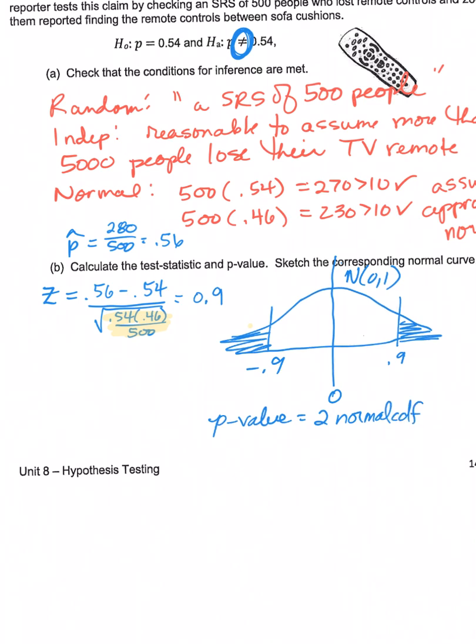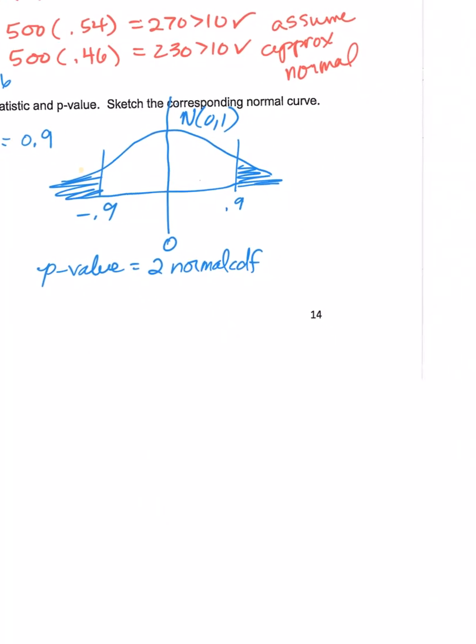Which end do you want to do? Doesn't matter to me. So lower is 0.9, upper is 1,000, mean 0 and standard deviation 1. So we're going to get 2 times whatever that is. So run your normal CDF and then multiply it by 2 and tell me what you get.